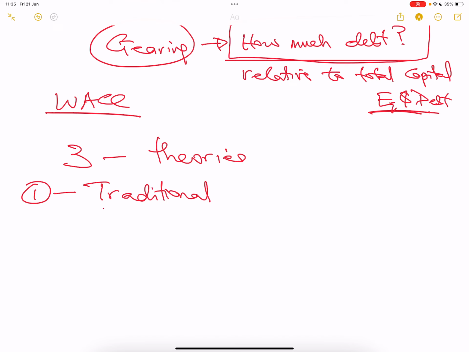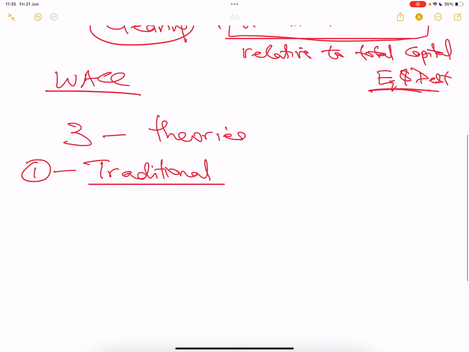The first theory is the traditional theory. What do they say? That is probably the most popular theory, and which personally I align with, because there are two more theories we're going to look at. You need to know the three of them for exam's sake, but in the practical sense of things, if you ask me my view, I am more aligned with the traditional theory.